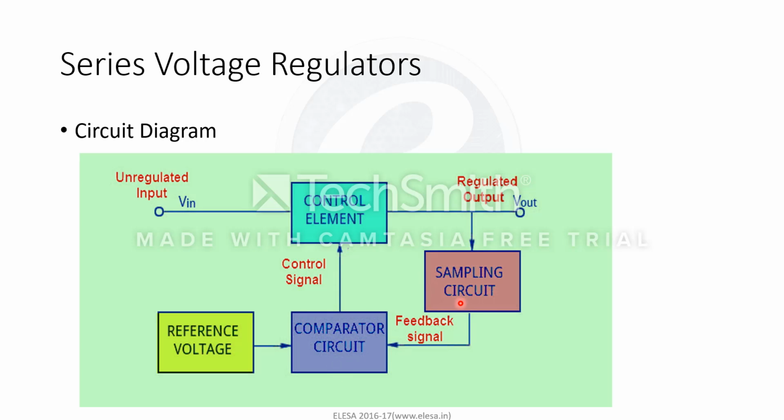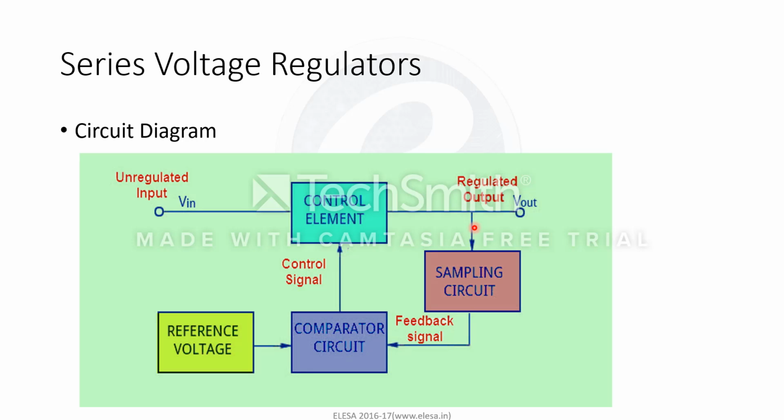The series voltage regulator circuit block diagram is shown on the screen, which consists of input voltage Vin. There is a control element and the output of the control element is the regulated voltage. There is a circuit which feeds back this regulated output.